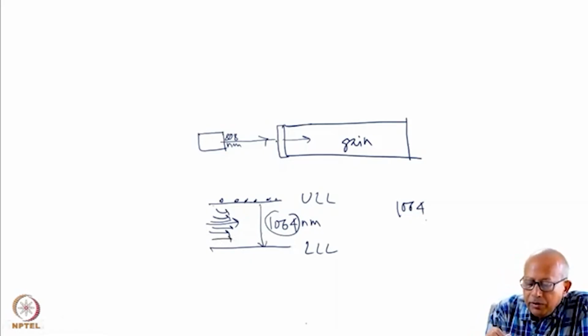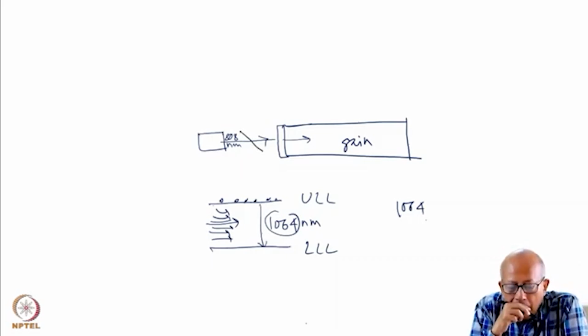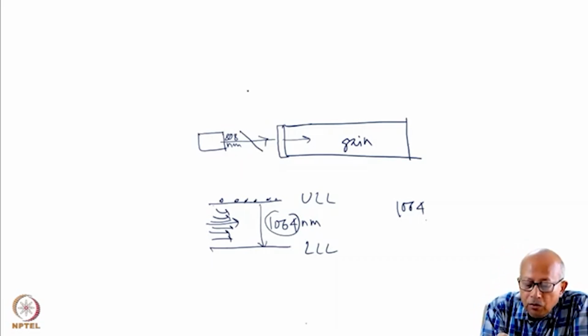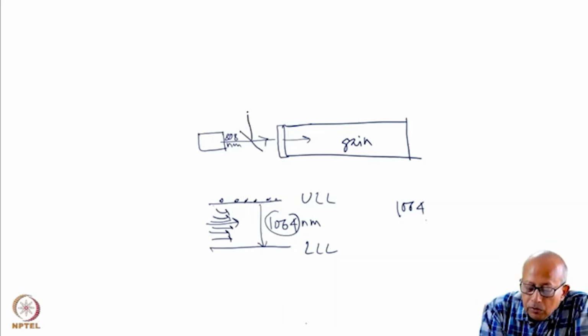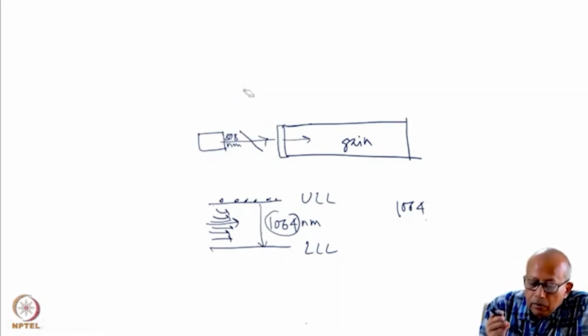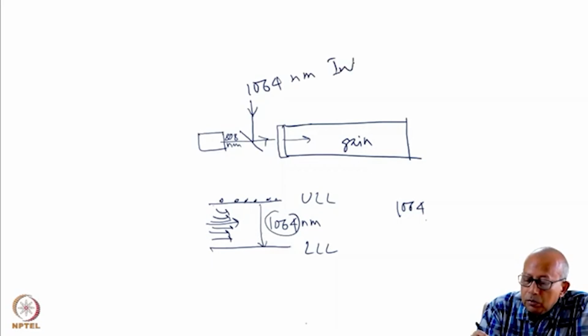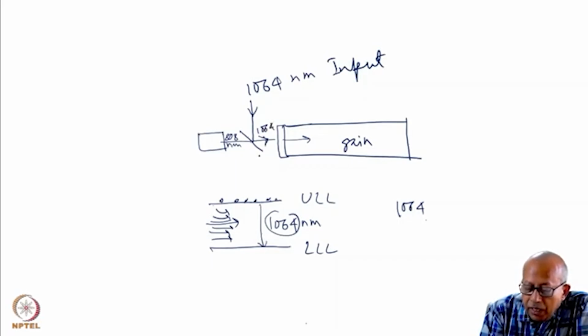So how do you couple it in? You use once again a special dichroic mirror. You have your 1064 nanometer input. This mirror reflects 1064 nanometer and transmits 808 nanometer. That needs to be transmitted because we have to create gain in this.